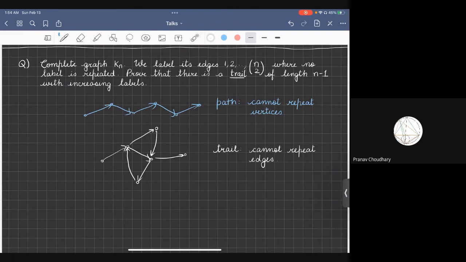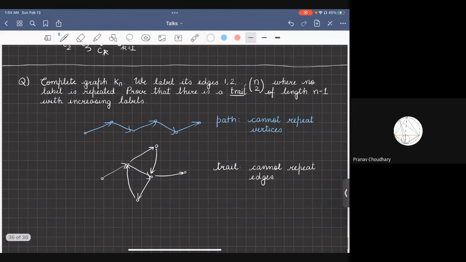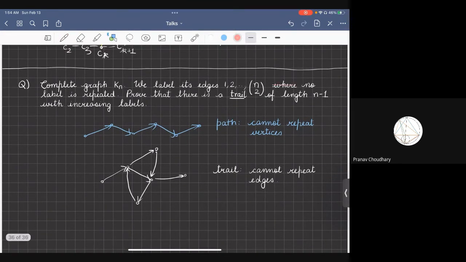I don't think I need the assumption that no label is repeated. So the labels can be equal as well. Would that also be increasing? Yes. By increasing, I should clarify that I mean non-decreasing.